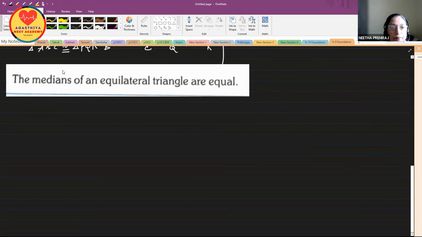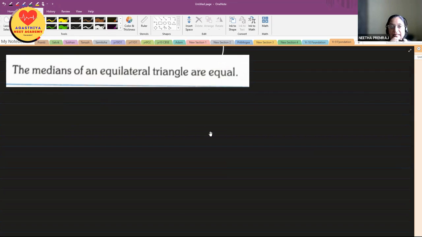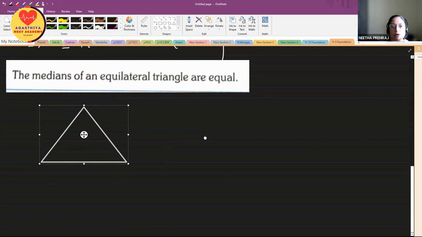So what is given? The median. Okay. What is an equilateral triangle? Very good. If three sides of a triangle are equal, then we say it is an equilateral triangle. Any other property of an equilateral triangle?